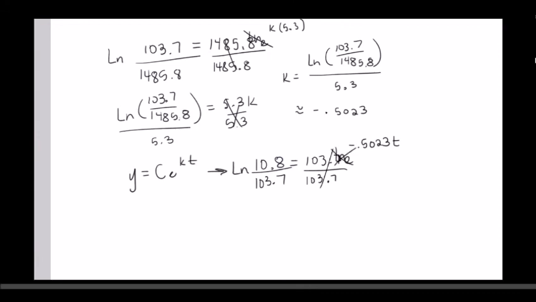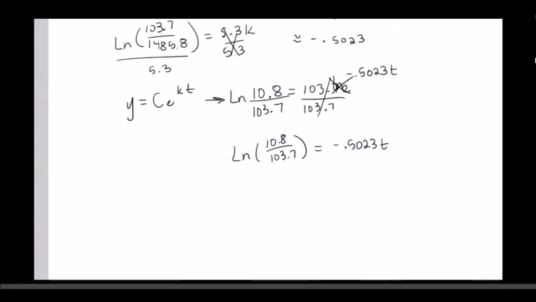Natural log is going to cancel the base e. So the natural log of 10.8 over 103.7 equals negative 0.5023t. Now divide by negative 0.5023, and we get the value for t.